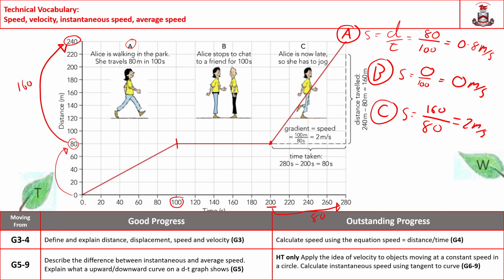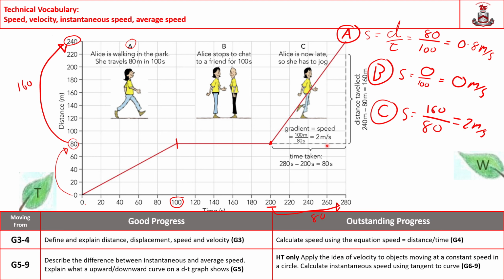You can see from the graph that they've already worked this out. They did it a different way. Well, actually, it's the same way, but we used the equation speed equals distance divided by time, and we got the same answer for C as they did. They did the gradient. So I don't know how you calculate the gradient in maths, but we remember it in science as rise over run.